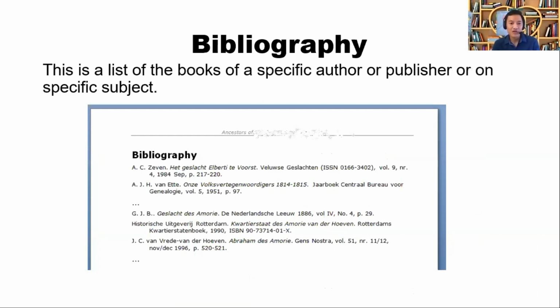Okay, we have the bibliography. What does it mean? When we say bibliography, this is a list of the books of a specific author or publisher or on a specific subject. Another term for bibliography is references, where the author gets the information on the topic that they have written in his or her book.